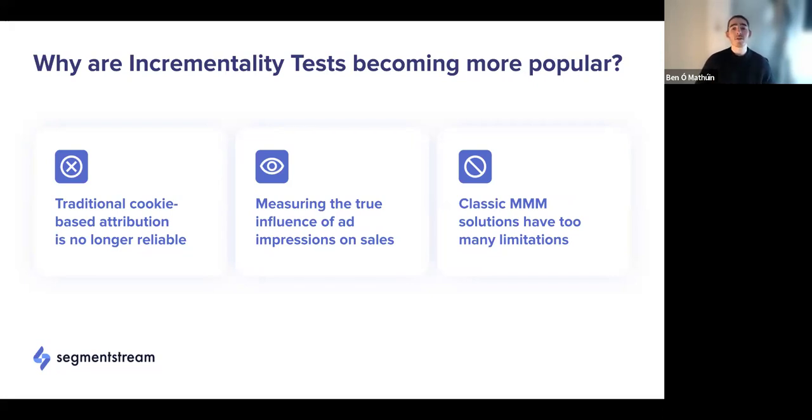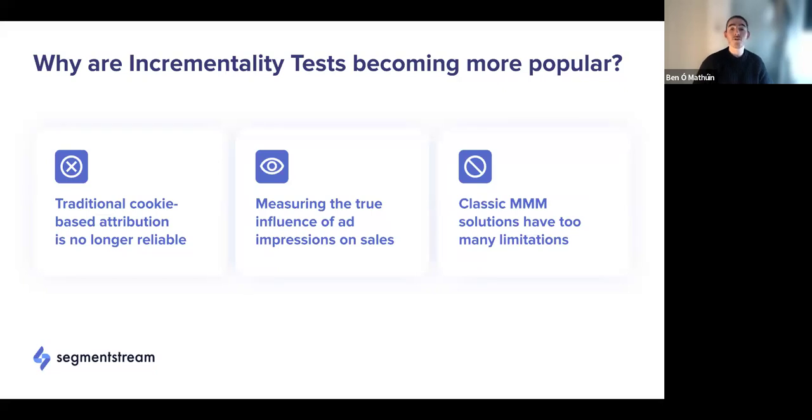Really, it's incredibly difficult to use a cookie-based solution to measure the incremental impact of your various different performance channels. So that's one reason we're starting to see the rise of incrementality tests as an additional source of measuring the true impact of your performance marketing campaigns.